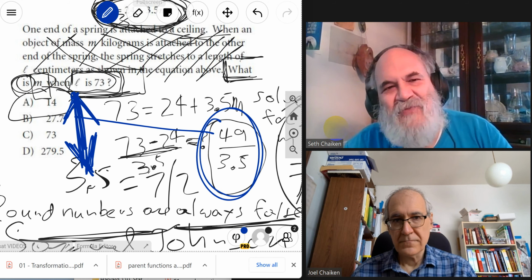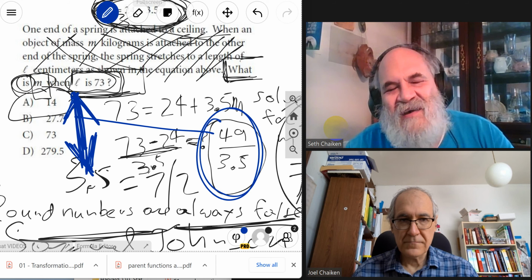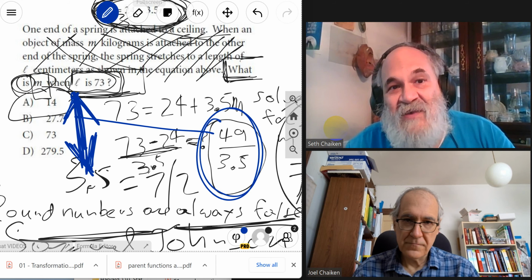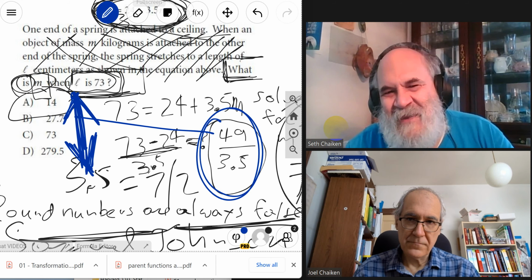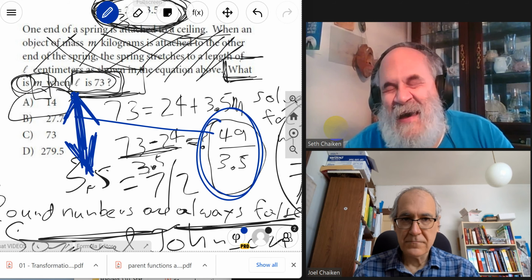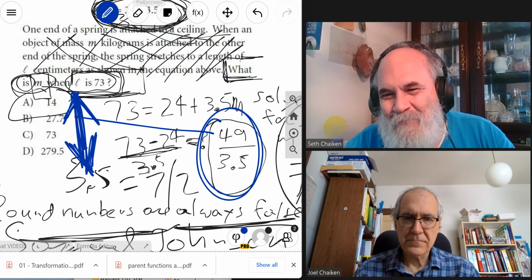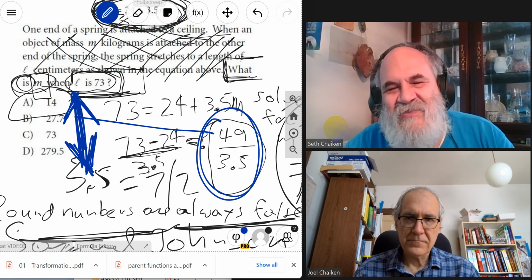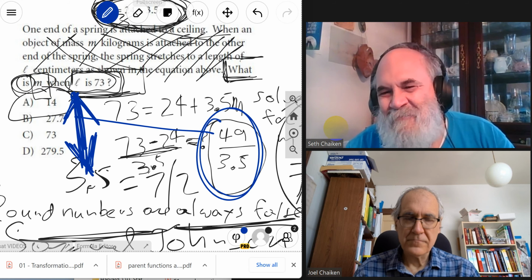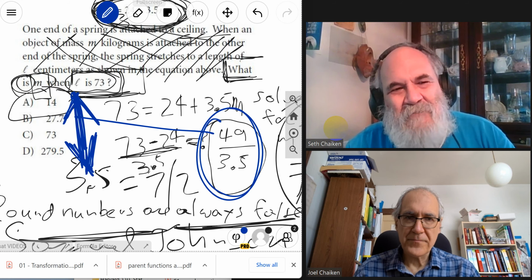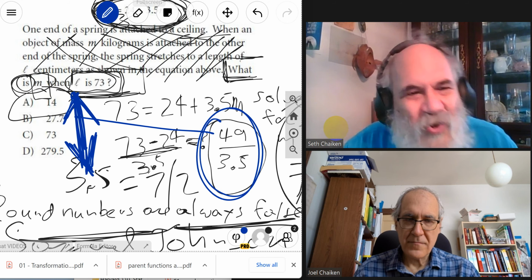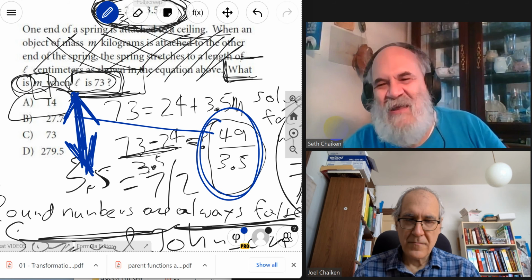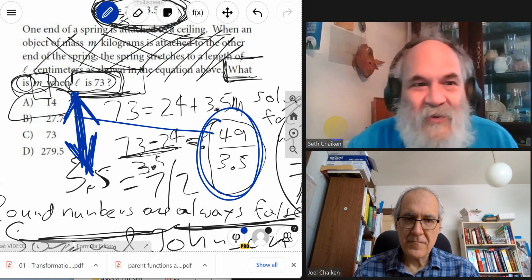So my mind flowed to think about the size. 49 is about 50, and 3.5 is quite a bit bigger than 2, and therefore this is quite a bit less than half of 50, than 25. Right. And the only choice that is less than 25 at all was 14.